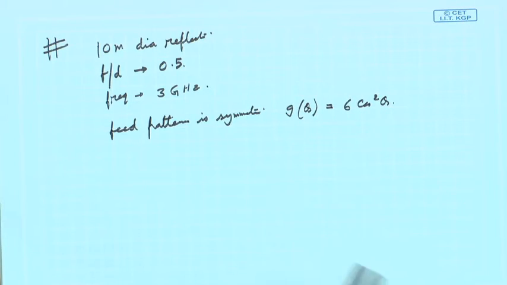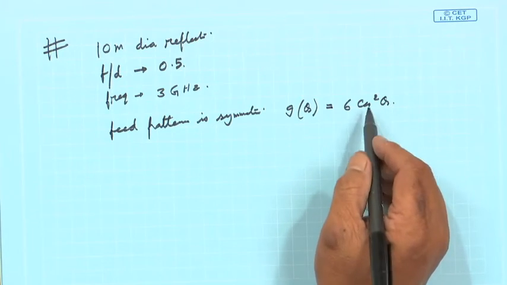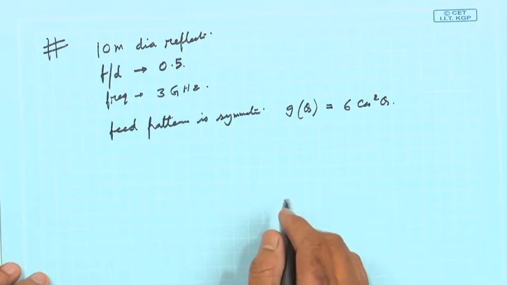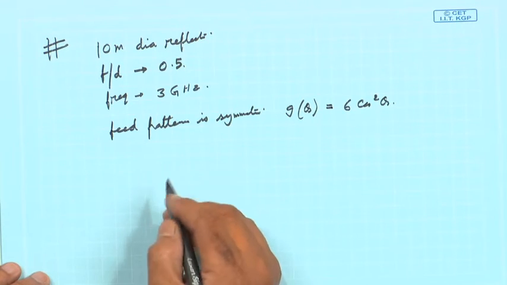So, you see that it actually satisfies the optimum feed distribution that people have found. So, here n is equal to 2. So, 2n plus 1 is 6, and this is cos squared theta. So, first find out the overall efficiency.